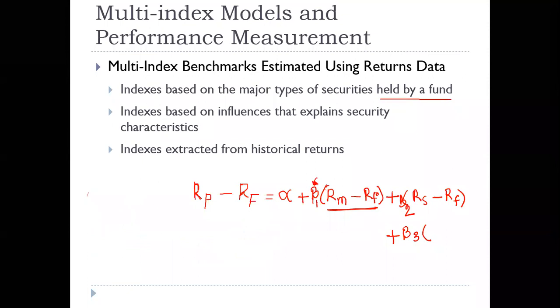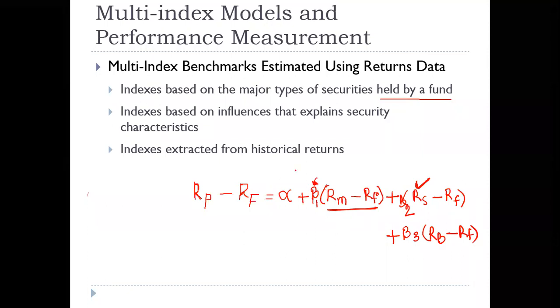Okay, so the thing is that when we include the index for a market, and when we also include the index for a small stock, what I just have shared, and we also include the index for a bond fund, say like this, for bonds, we get the excess bond market return.